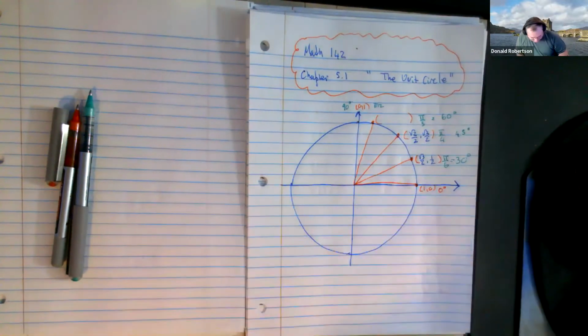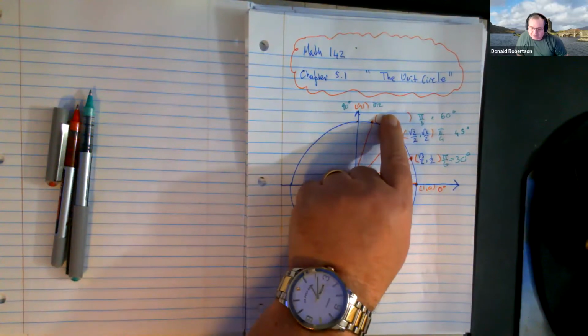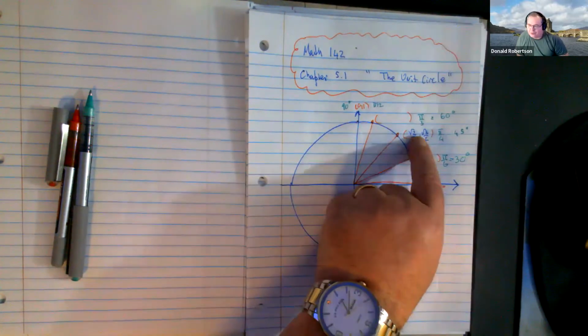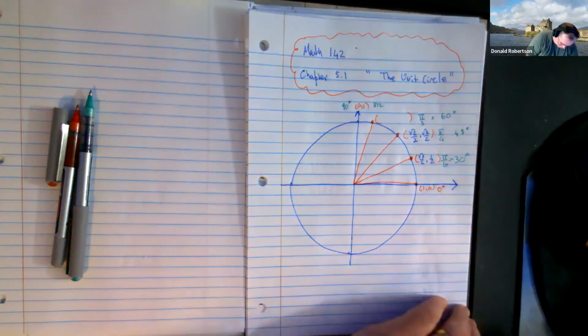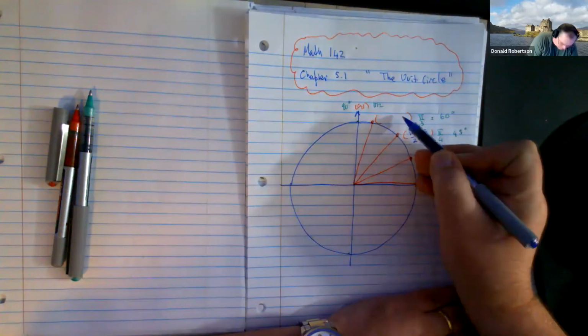Now, even if you can't remember this point, if you look at the other 2, you could have a good guess at what the third and final point is. This one. Any guesses, or hopefully just what's the coordinates of this top one?